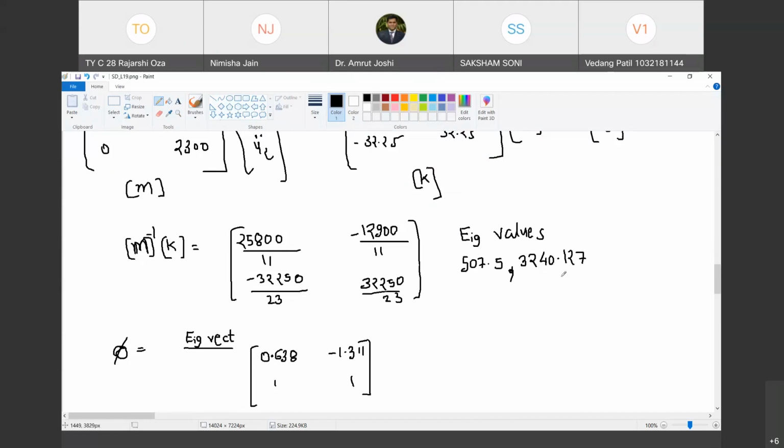The eigenvector corresponding to 507.5 was placed as the first column, and the eigenvector corresponding to 3240.127 as the second column. The matrix we get, we call phi. I hope you remember till this point. Yes, sir.